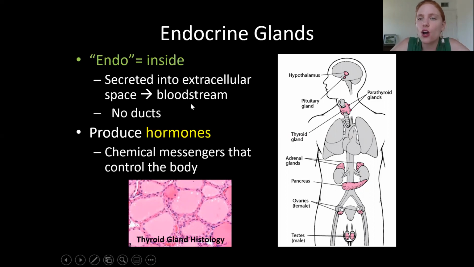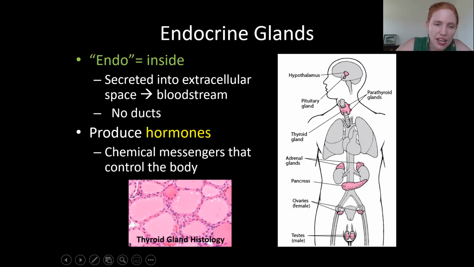So because they are secreted kind of into the body, they're going to be called endocrine glands. Endo means inside. And that prefix comes up over and over again. So if you don't have it on your prefix list, make sure you add it onto that prefix list. Okay, endo, inside. Because they're secreting directly into the bloodstream, they do not need any ducts because they're not taking their product onto a surface.